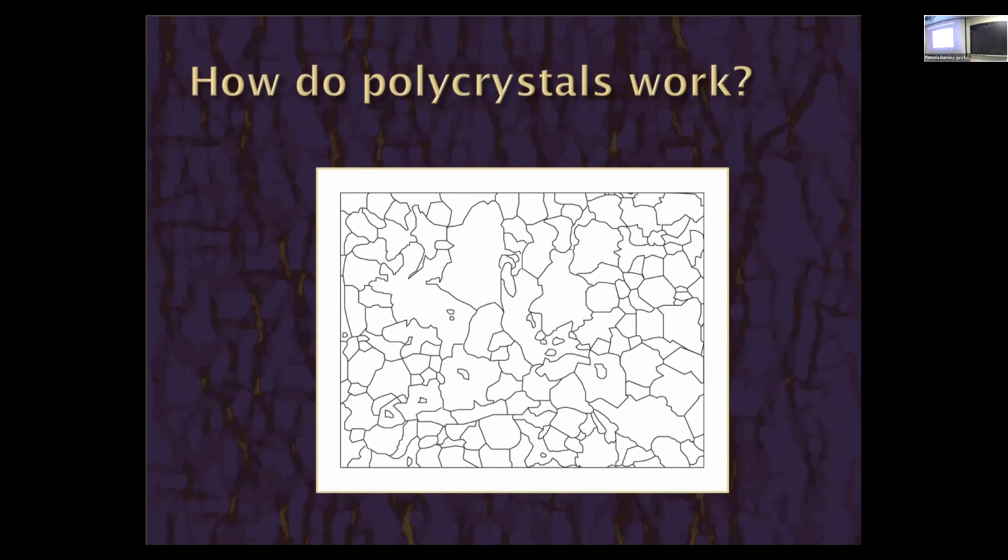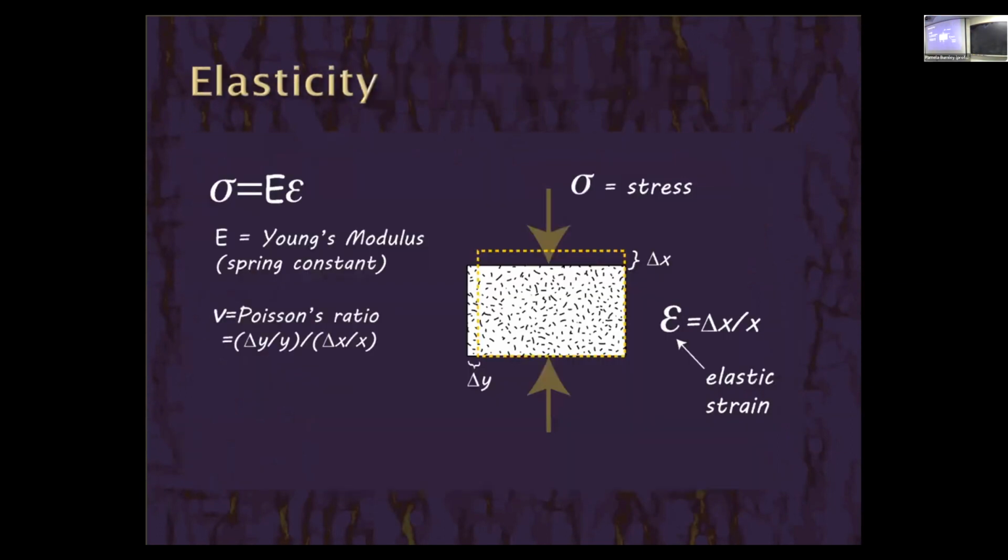And so I want to start by just reminding us about some of those simple scalars and then how they might become more complicated. So just elasticity, just so we're all on the same page. Young's modulus here is the spring constant of a rock, right?